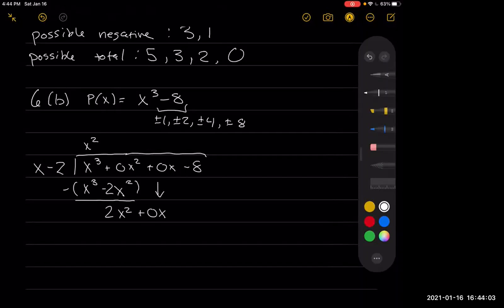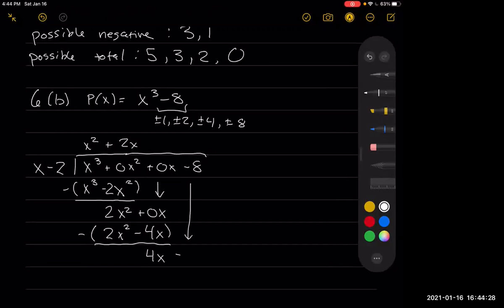And now we have plus 2x squared minus 4x, sorry. And we subtract, and we will get a positive 4x.